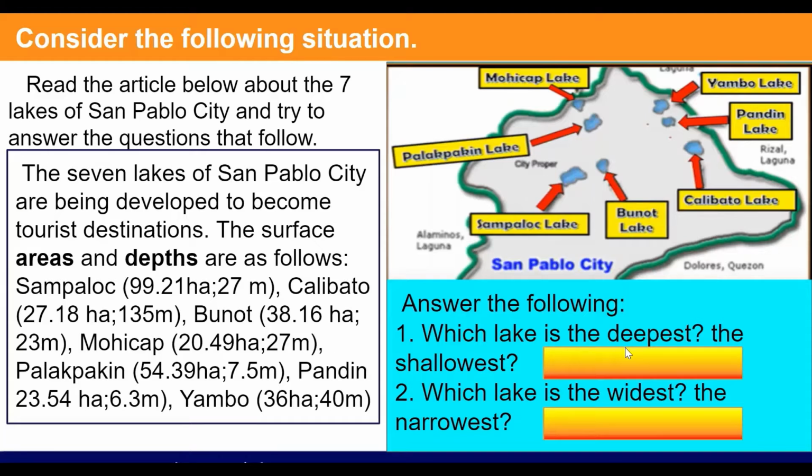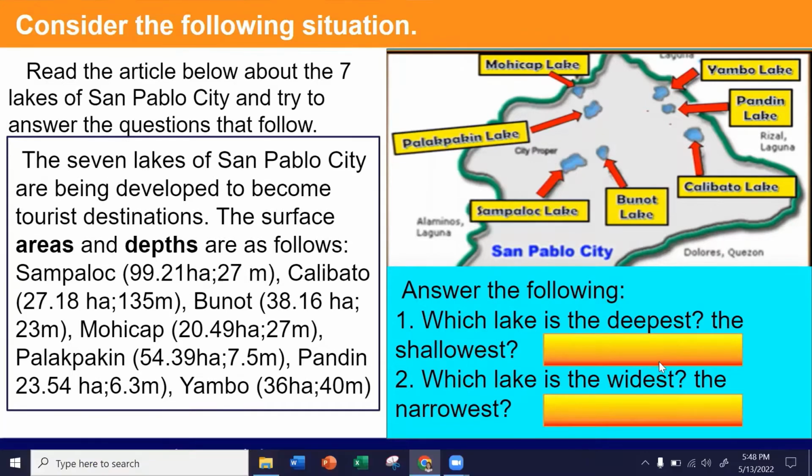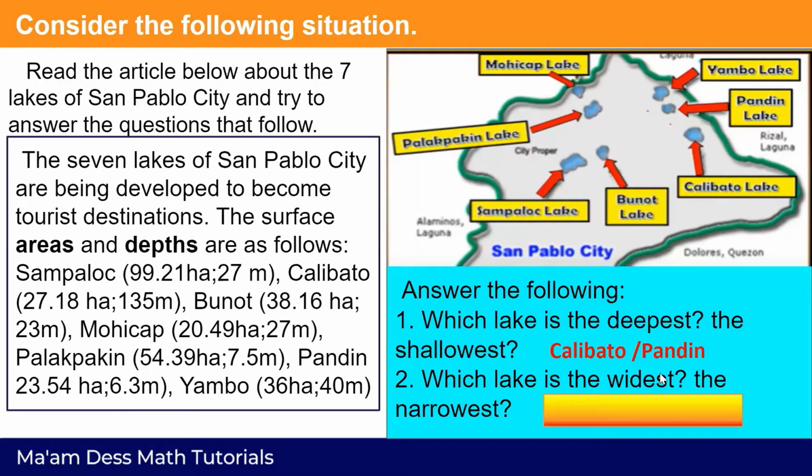Since we are going to find the deepest and the shallowest, we will have Calibato and Pandin. Calibato is 135 meters deep, and then we have Pandin at 6.3 meters. That's why it is the shallowest.